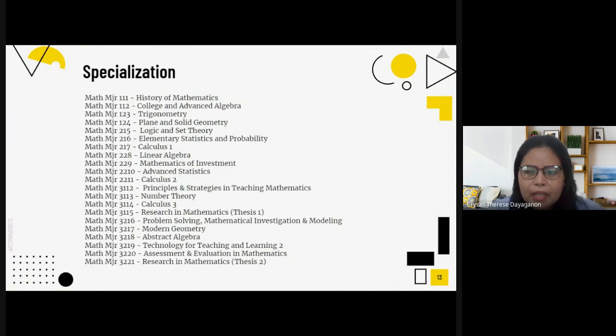We have mathematics of investment, and then advanced statistics, calculus 2, principles and strategies in teaching mathematics, number theory, calculus 3, and then we have research in mathematics, thesis 1, and then we also have problem solving, mathematical investigation and modeling, then modern geometry, abstract algebra, then technology for teaching and learning 2.